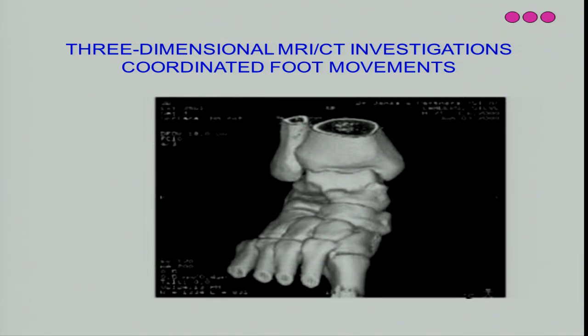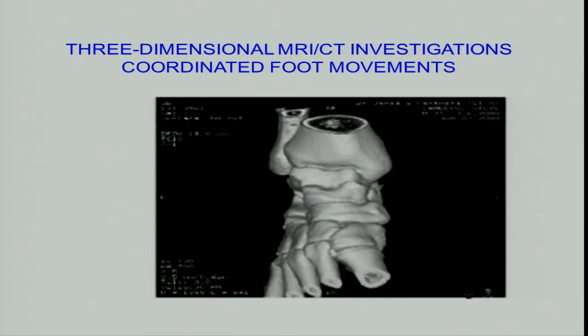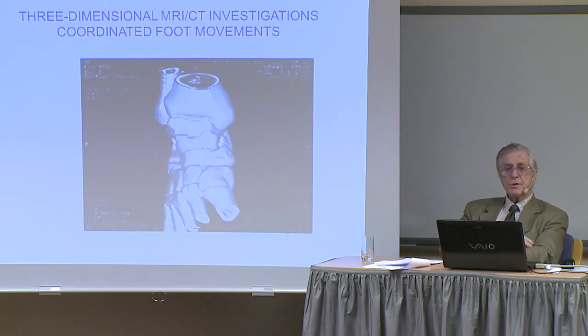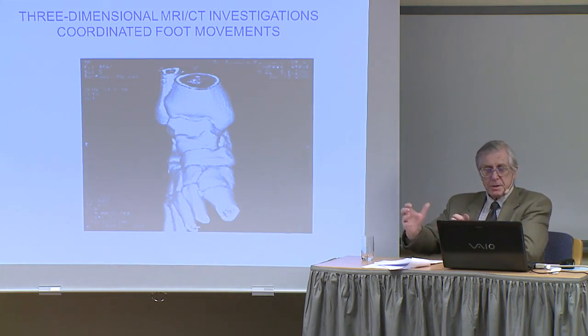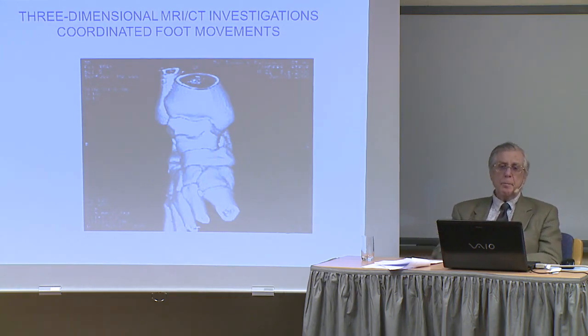So is that all right? Are you beginning to understand? It's the outward swing, and as the talus externally rotates, it slides up the back of the posterior joint and makes the calcaneus supinate underneath it. And at the midfoot level, the cuboid is moving medially.